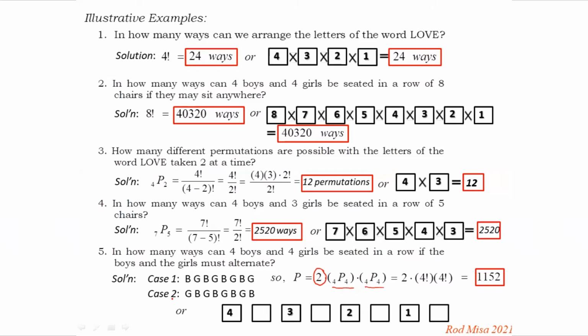And also for the girls, we can arrange them by putting 4 times 3 times 2 times 1. But because there are two cases here, since a girl can be arranged first, then I need to multiply it by 2. So multiplying these numbers, I will get the same answer here. So using our fundamental principle of counting, comparing it to the permutation theorems, we get the same answer.